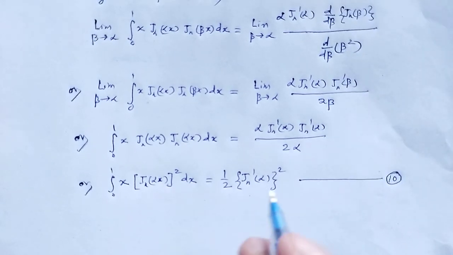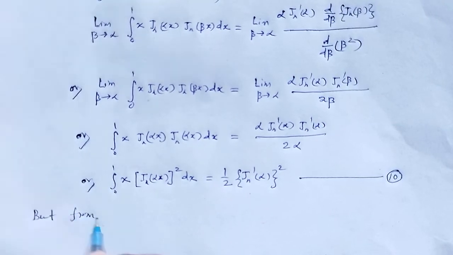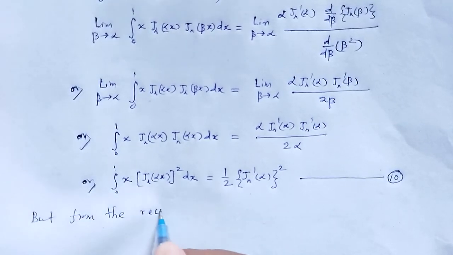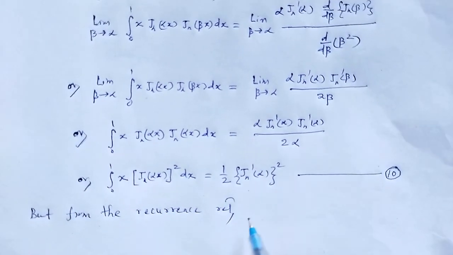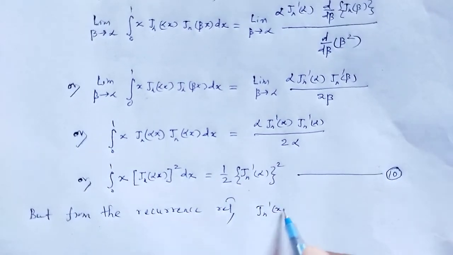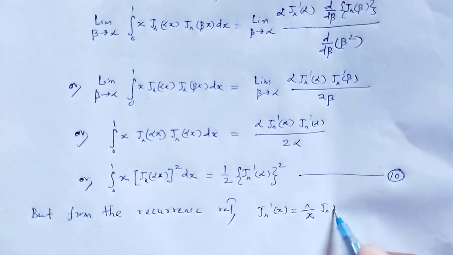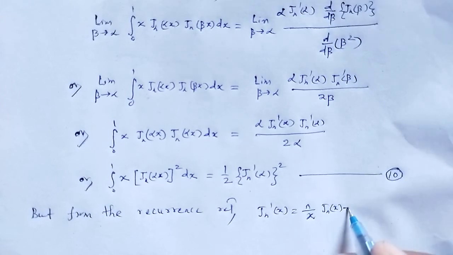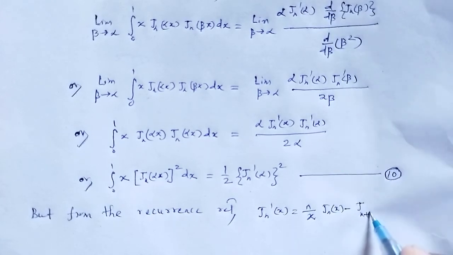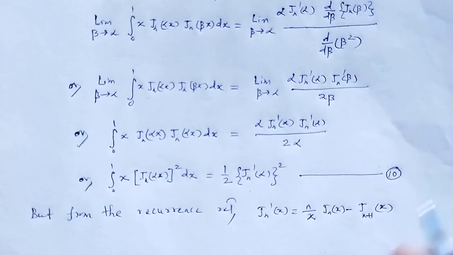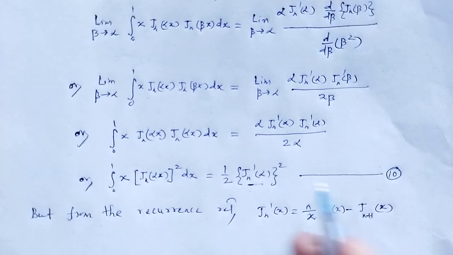But from the recurrence relation, Jn dash of x is equal to n by x Jn of x minus Jn plus 1 of x. So here in place of Jn dash of alpha we use that recurrence relation.